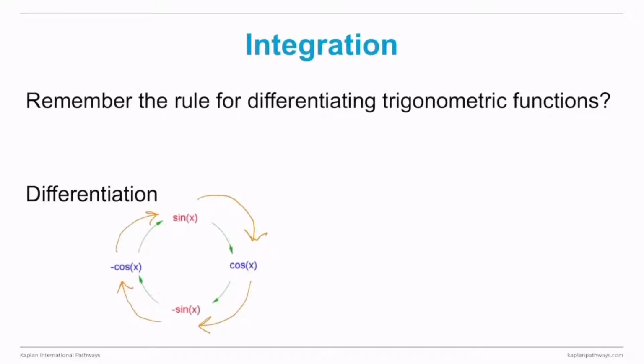I told you before as well, just remember the derivative of one of them: the derivative of the sine is cosine. This is differentiation, I didn't start the integration yet. So this is the circle going clockwise.